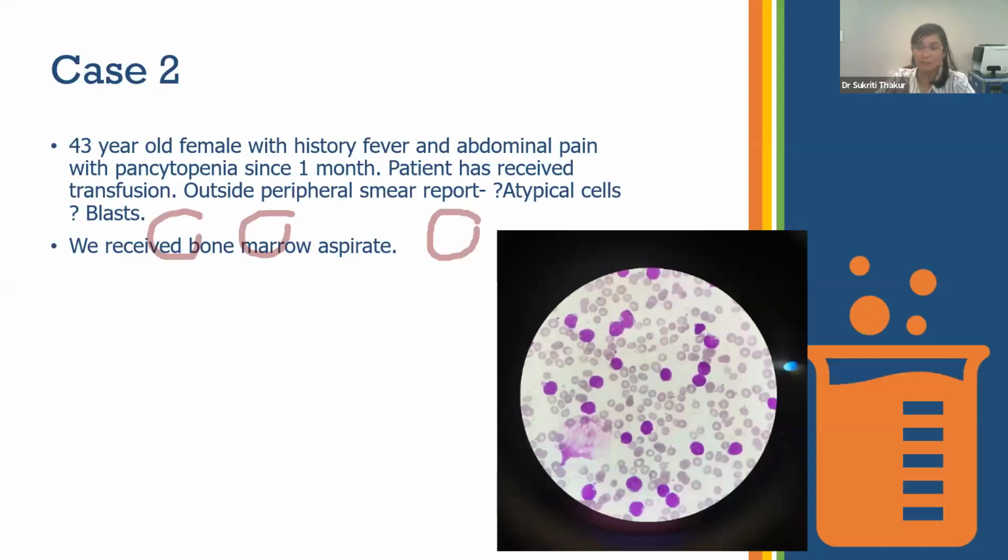So the clinician calls me and says the peripheral smear has been reported as atypical cells, blasts, but can you confirm it on bone marrow? The patient's bone marrow was done and we got the bone marrow aspirate slides and we could see big cells and a few small cells, but these are all abnormal cells, and the chromatin is very condensed, and these are more likely L2-like blasts, which are a little larger.